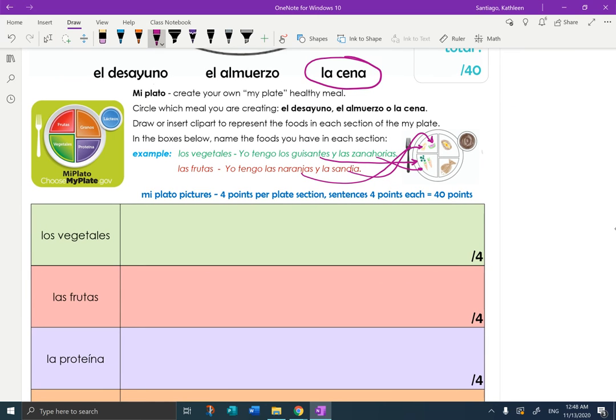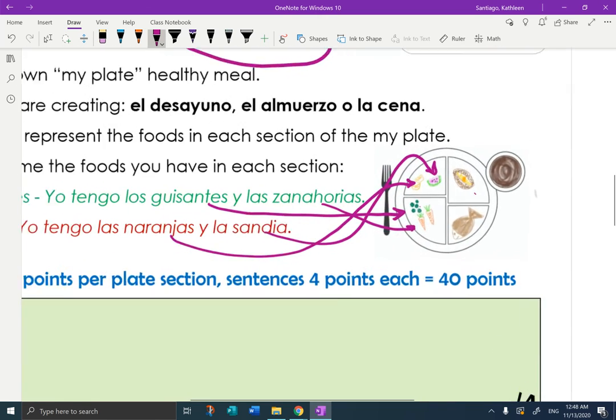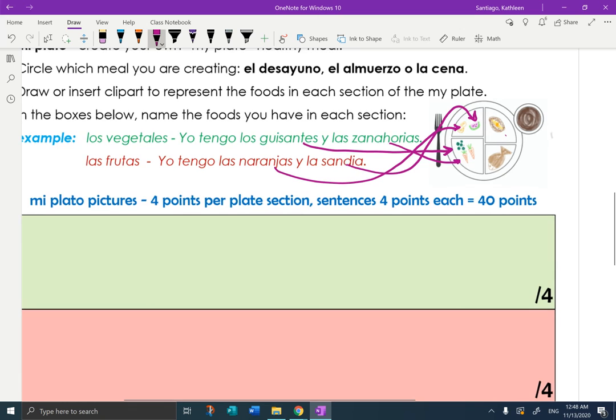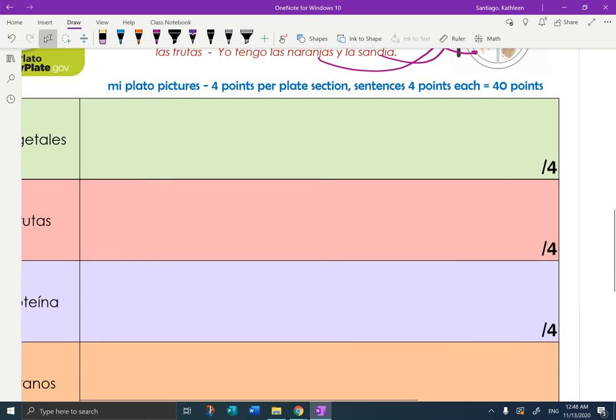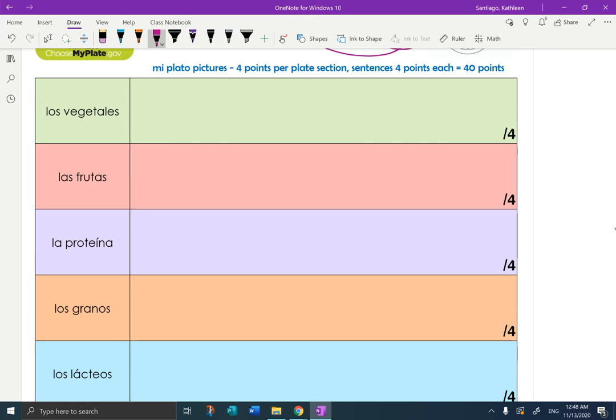So for example, let me just do the section I didn't do, which was my granos. In my grain area, right up there, that is rice with some butter. So in my grain area, I would probably write yo tengo. They're all going to start with yo tengo.